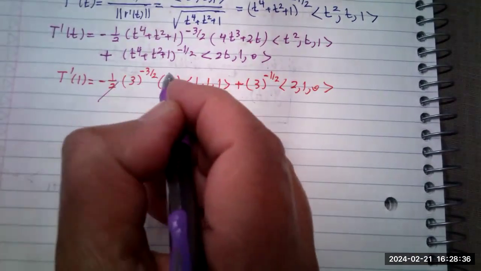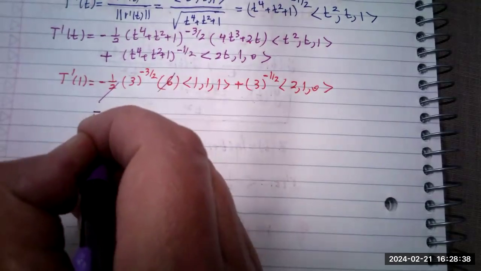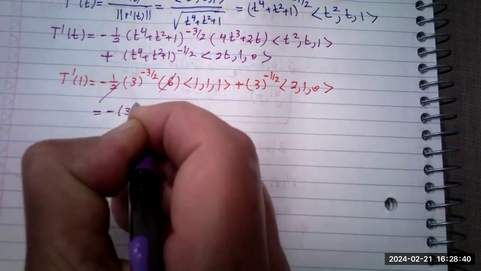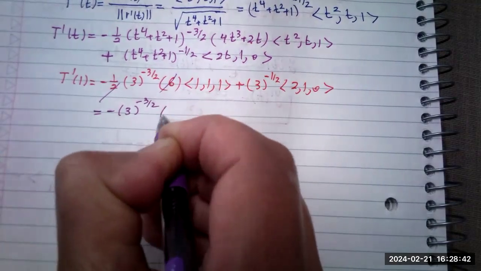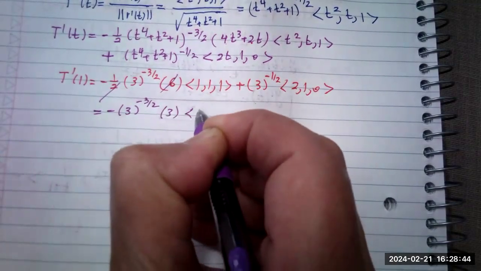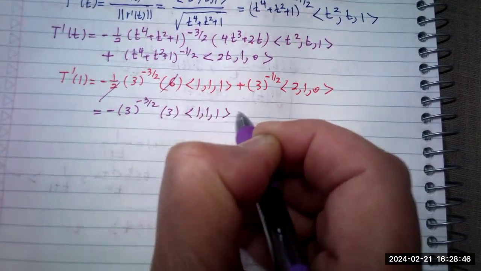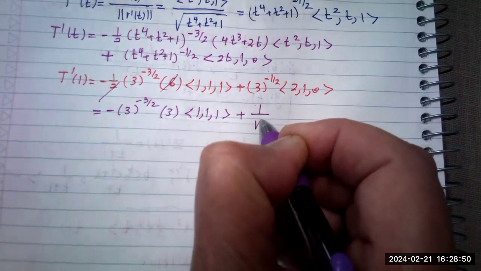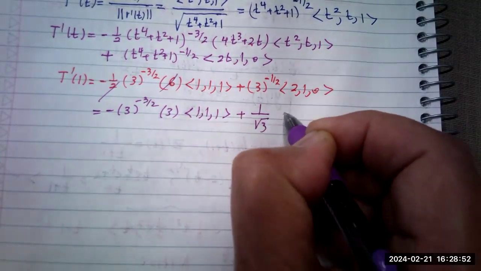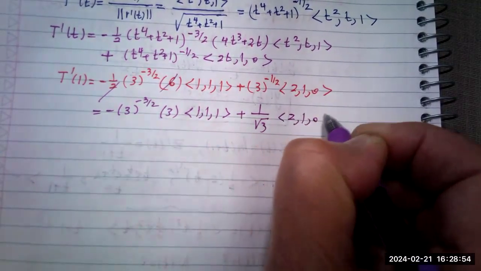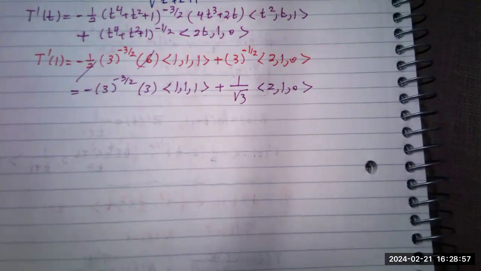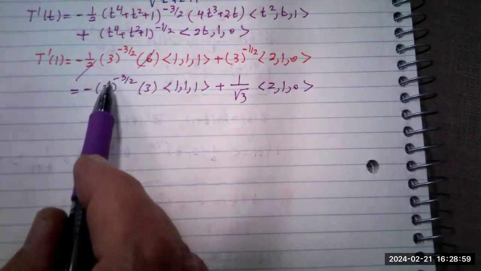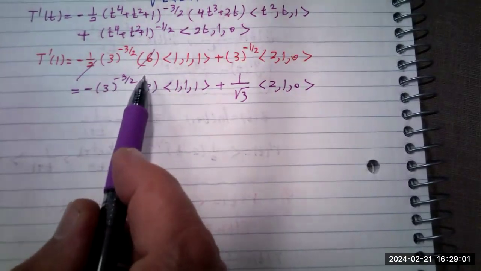So these two will cancel out. So you arrive at negative 3 to the negative 3 half times 3, and you can simplify it. So it's going to be 1, 1, 1. And over here, I cannot do much about it, so I write this one as 1 over radical 3 to simplify it. This is 3 to the negative 1.5, and this is 3 to the first.